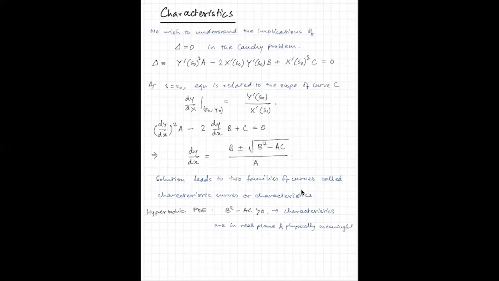For an elliptic PDE, b squared minus ac is actually less than 0, and the square root is purely imaginary.